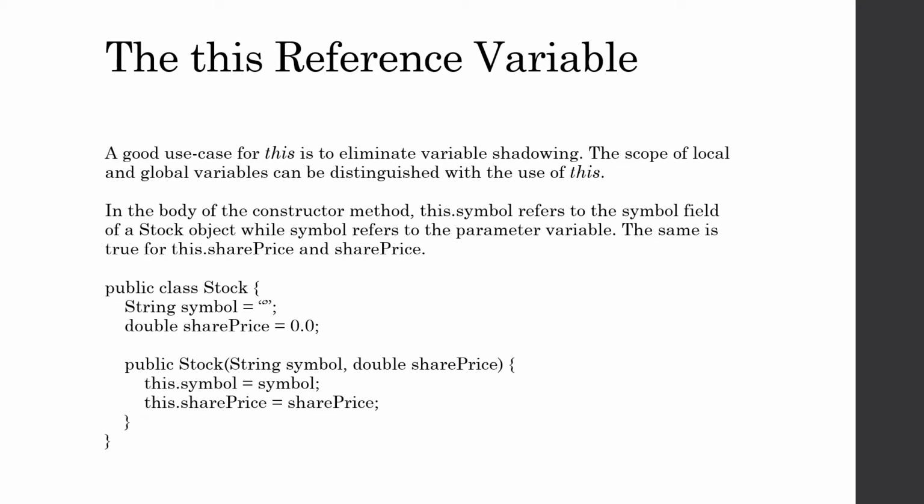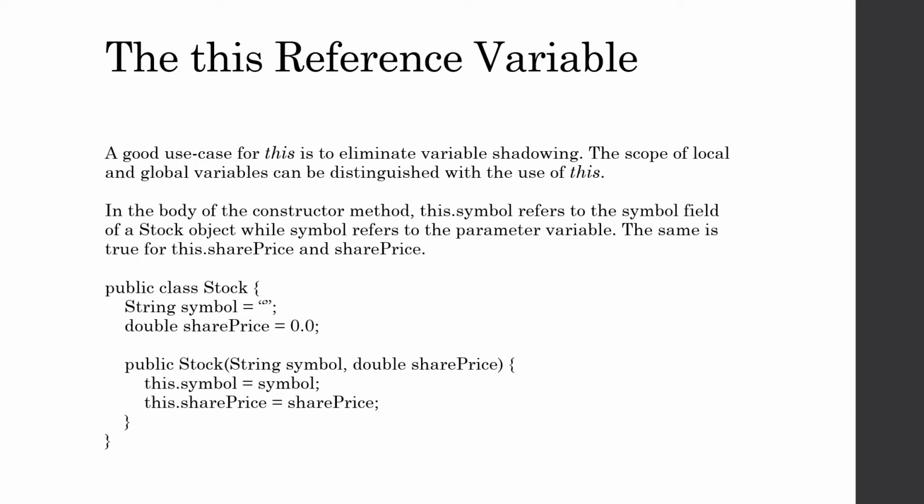Generally, the reason that we're going to see this inside of our programs is to eliminate variable shadowing. The scope of local and global variables can be distinguished with the use of this. So if you see this dot and then a variable name, that's going to tell you that that variable is actually referring to a field of the class.